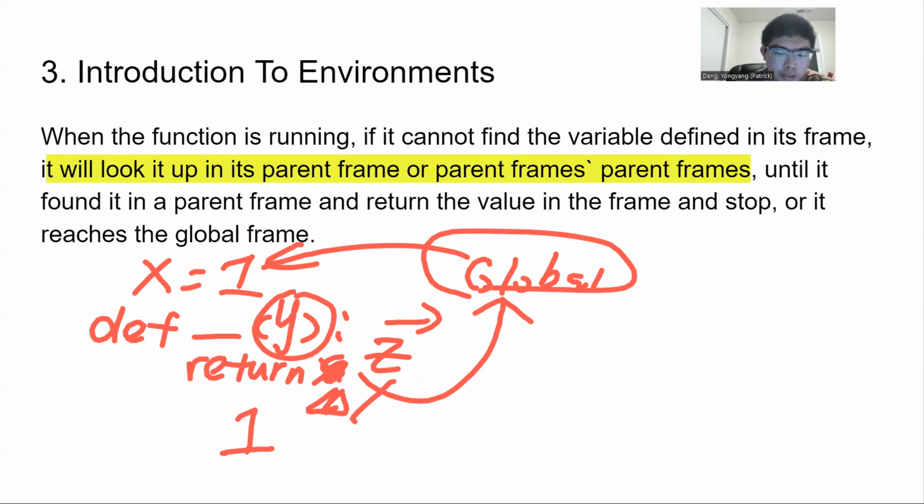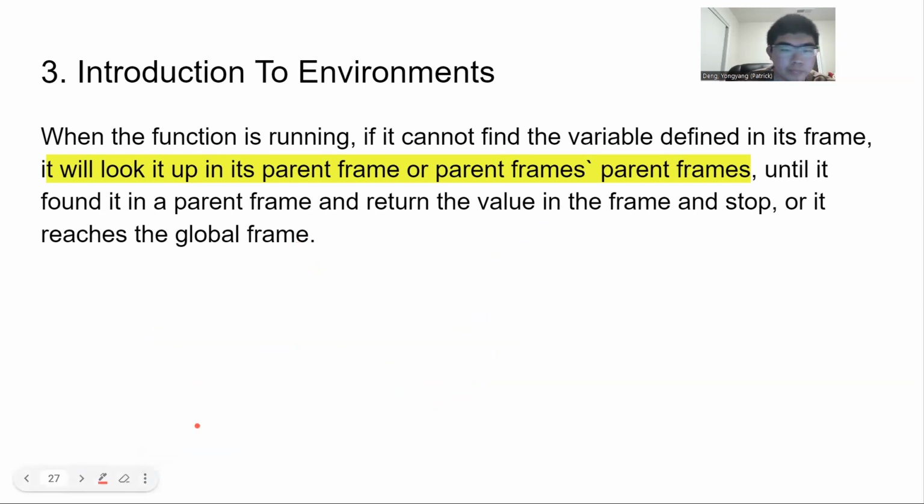So you see, we cannot find the variable C, so it will raise an error called NameError, which means that we don't have a variable named C here. It will look it up through the ancestor frames until it hits the global frame.